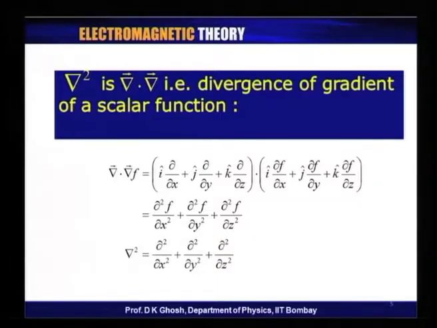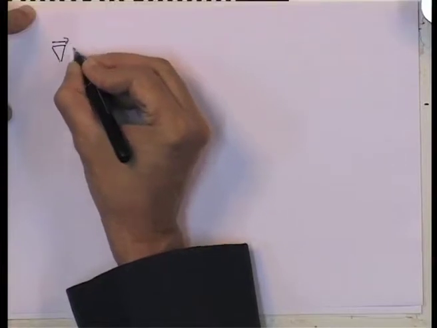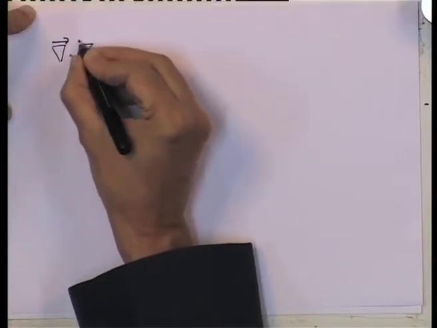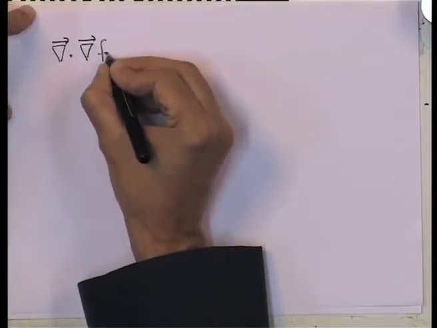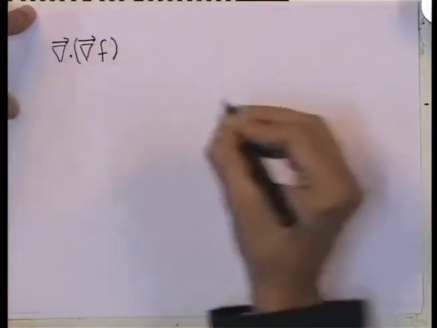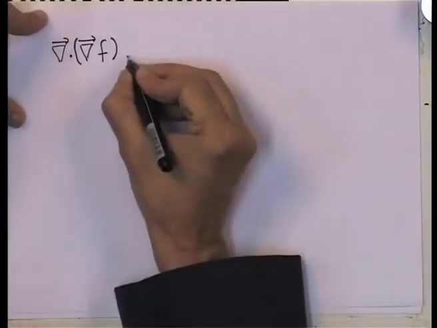So, in other words, I am expecting a scalar function to appear to the extreme right. So, therefore, let me work it out. Del dot del means divergence of the gradient of the function f.